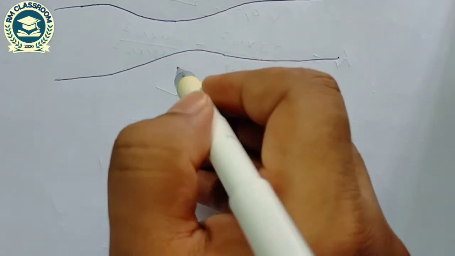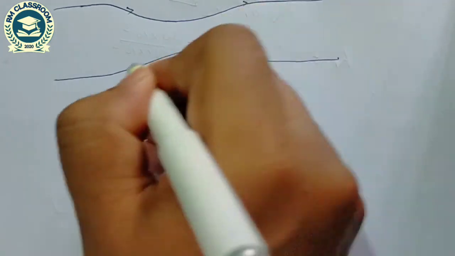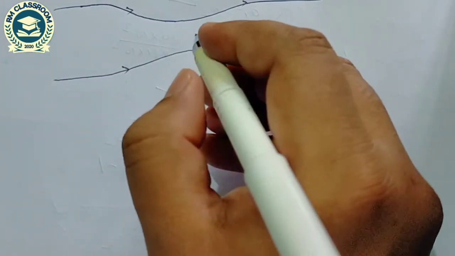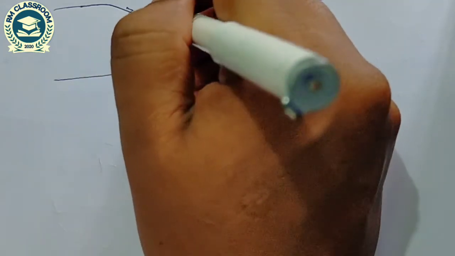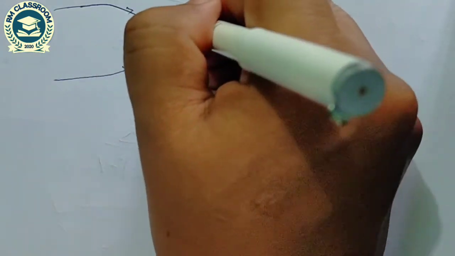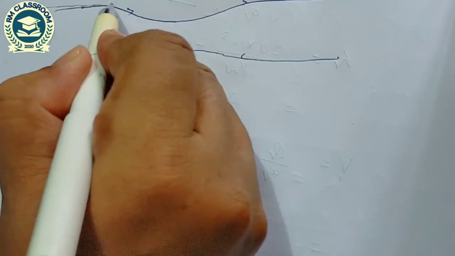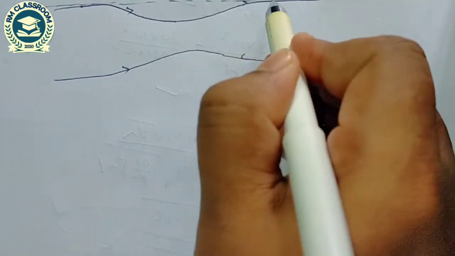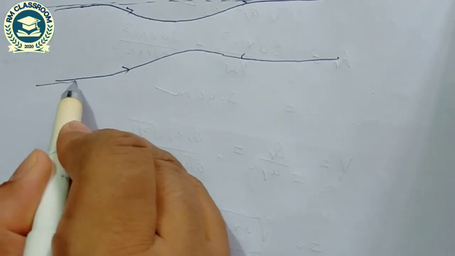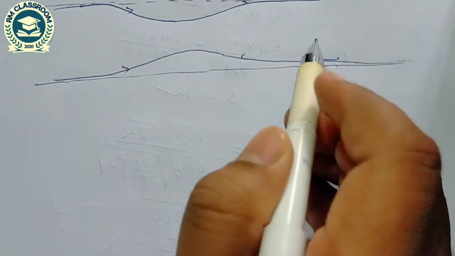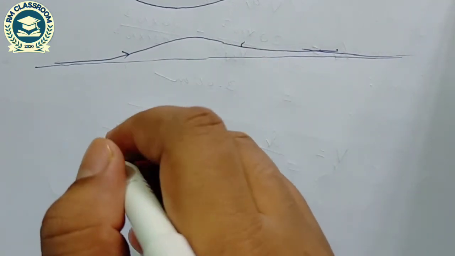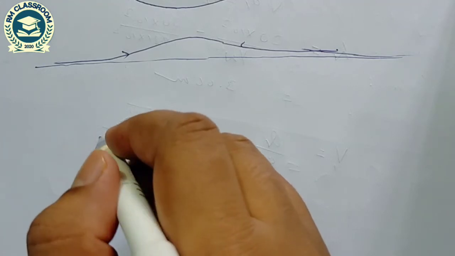So let us assume this is our streamline. So this is our plate.